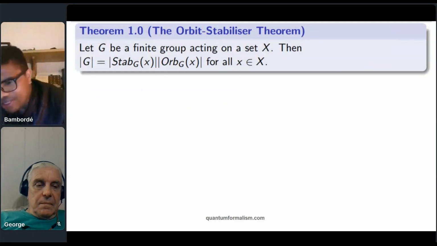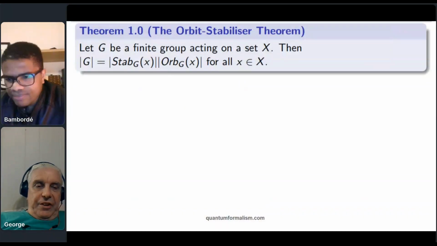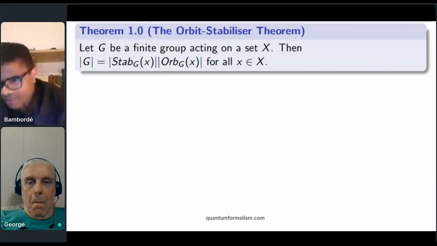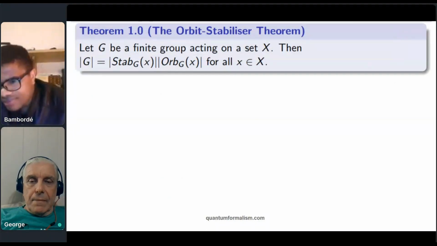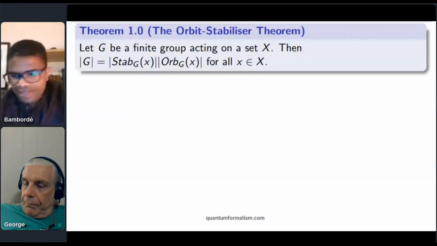Okay, so he's saying, yes, this is the orbit stabilizer theorem, Burnside's lemma, that's right, used to prove it. Okay, thank you for clarifying.